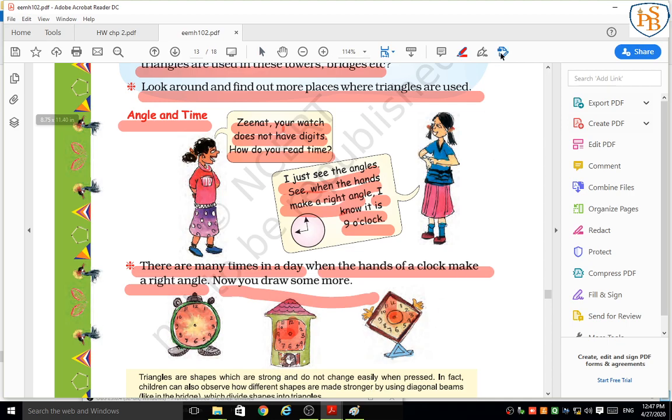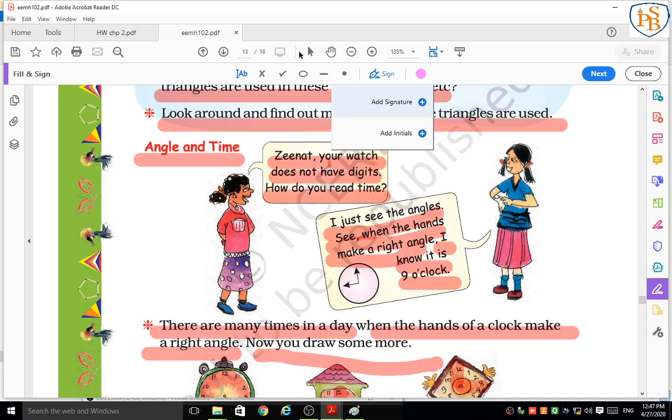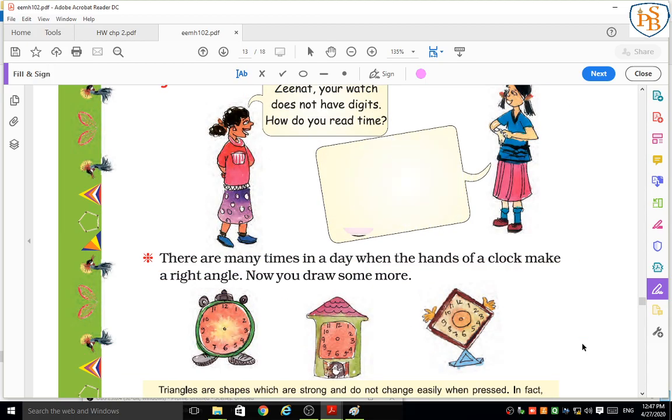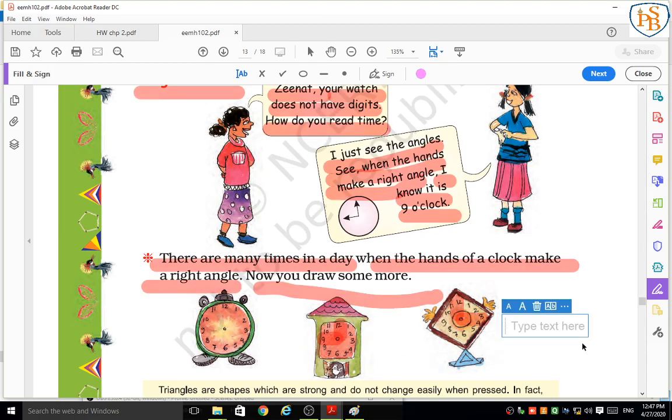It means when it's time to 3 o'clock, at that time also the hands make a right angle. Correct, students? Good. 3 o'clock done, 9 o'clock done, and one more time.